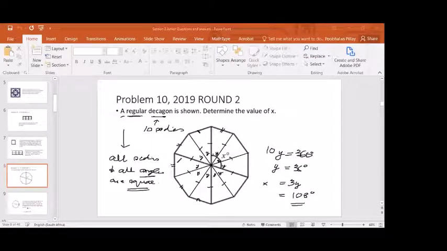Take a decagon and try to see what these internal angles are equal to. It's not very difficult to do now that I've shown you this. Okay, so the answer to this problem is 108 degrees because it's 3 of those y's. Okay. So let's get on to the next problem.